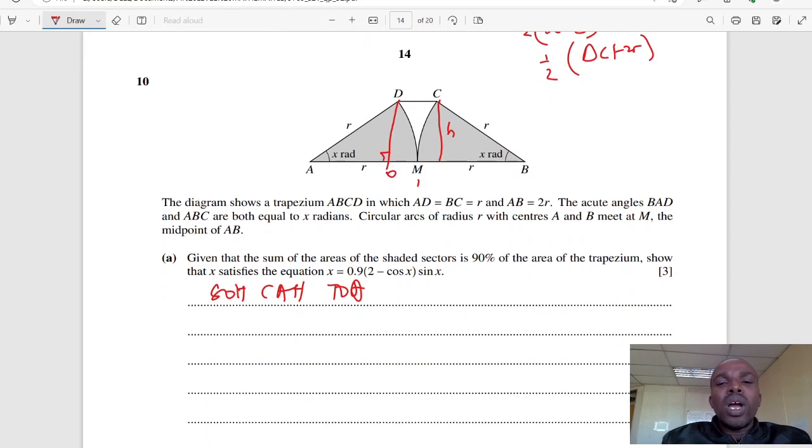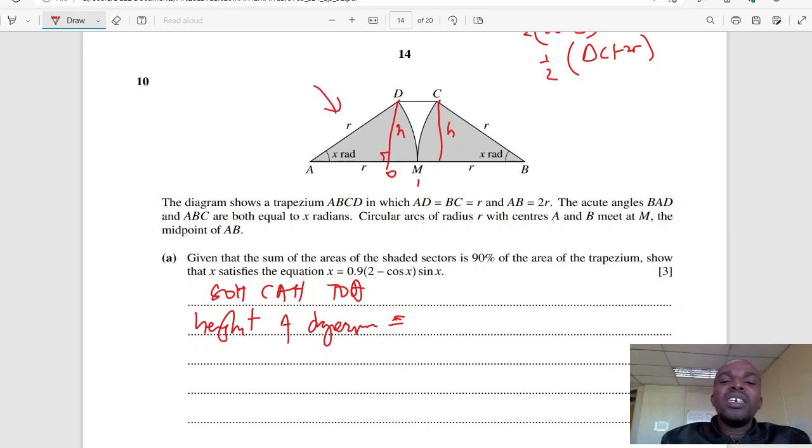So using SOHCAHTOA, the height of the trapezium, in this case, is opposite, right?